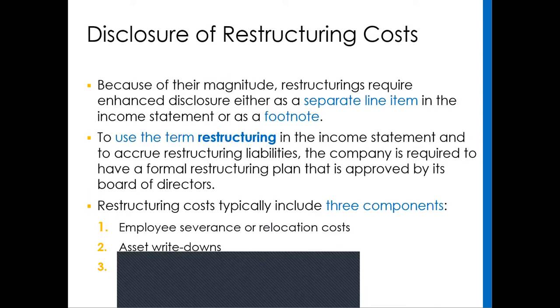How do we disclose? Well, we've got to report net of tax what is going on. So we have separate line items on the income statement and a footnote. We put restructuring on the income statement and accrue restructuring liabilities, and there's a formal plan to do that by the board of directors. Three components: employee severance and/or relocation costs.